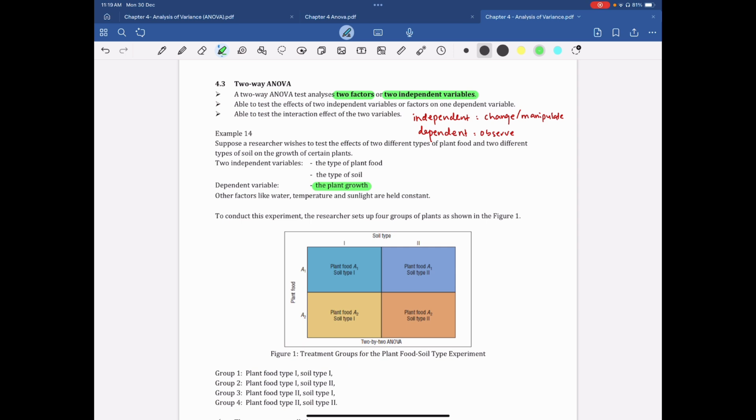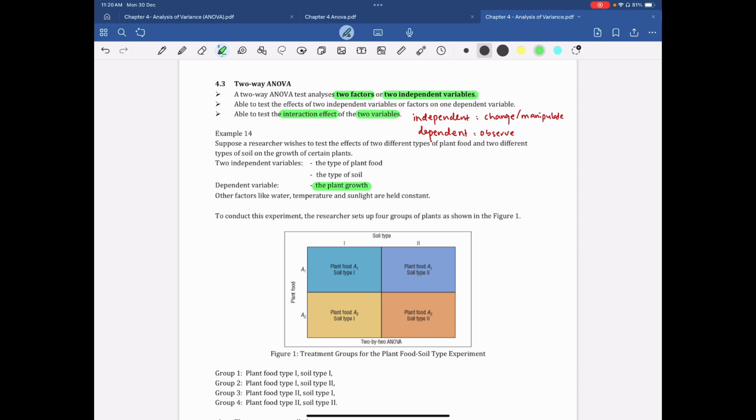We want to see whether these two independent variables will affect the rate of plant growth. What differentiates this from before is that now you have what we call interaction effects of the two variables.